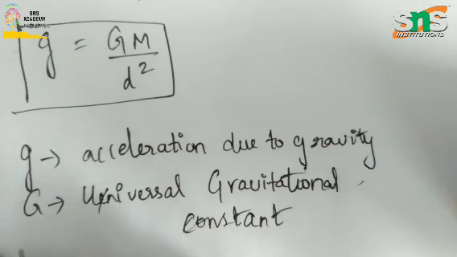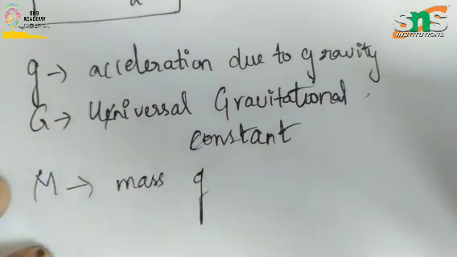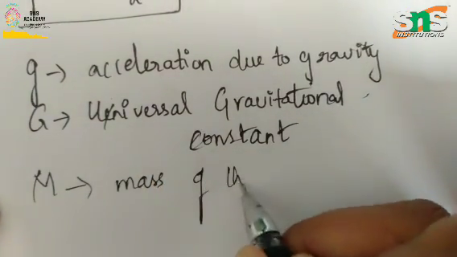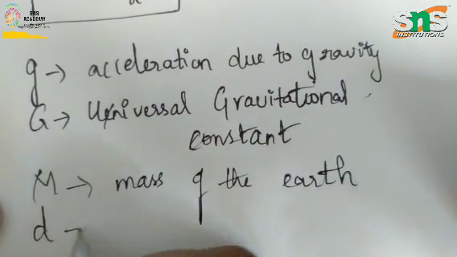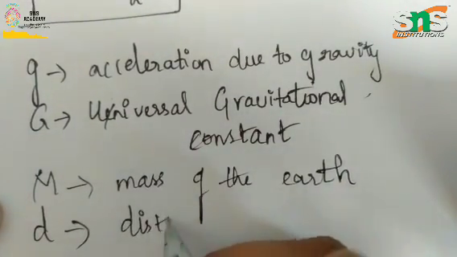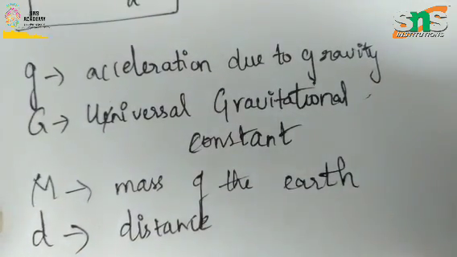Okay, and M represents the mass of the earth, and d represents the distance of the earth from the moon.